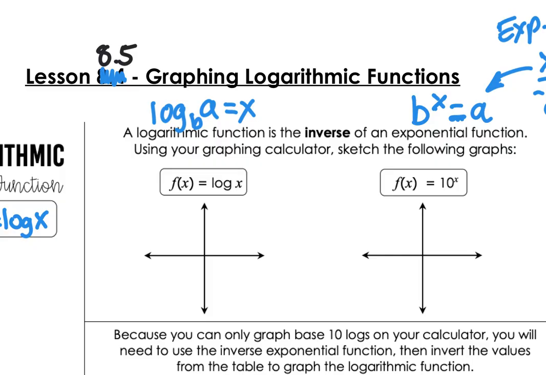It says, using your graphing calculator, sketch the following graphs. So if you were to put these into your calculator, you would get something that looks similar to this, your log x graph. And if you did your 10 to the power of x graph, it would look something like this.